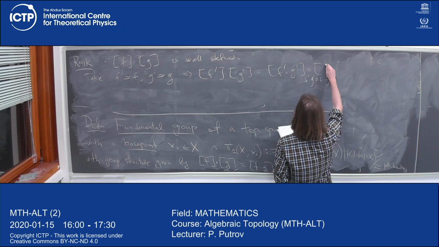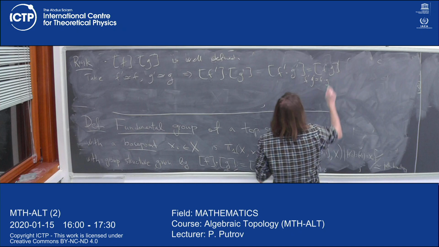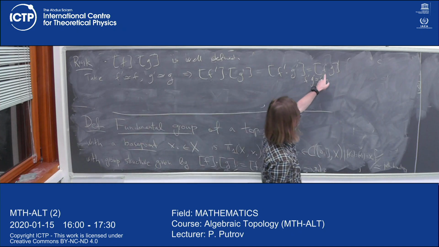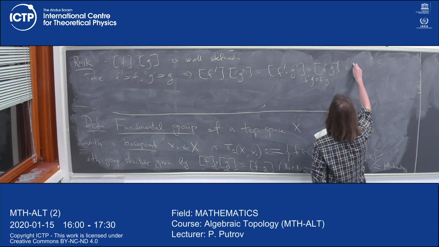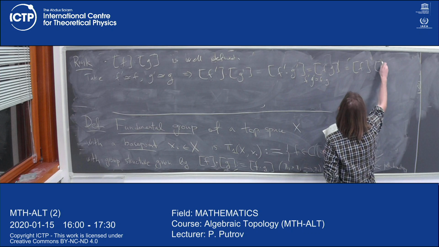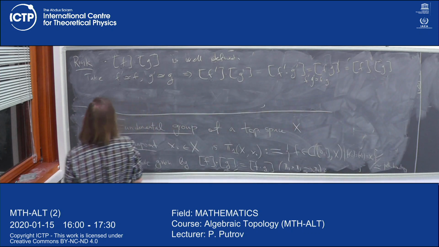So the class of the composition will be the same as the class of the composition of the original pair f and g, and this is the same as the product of equivalence classes of f and g.